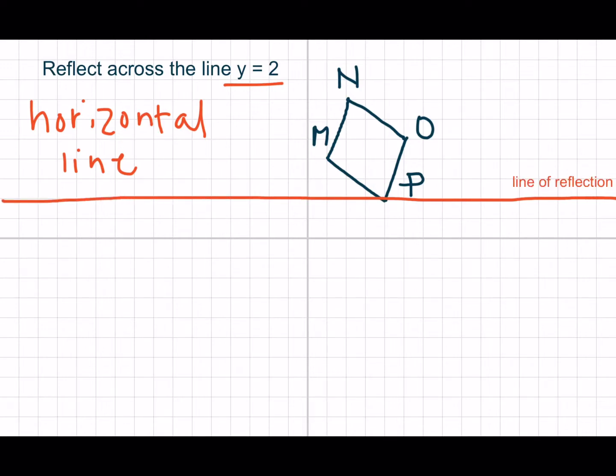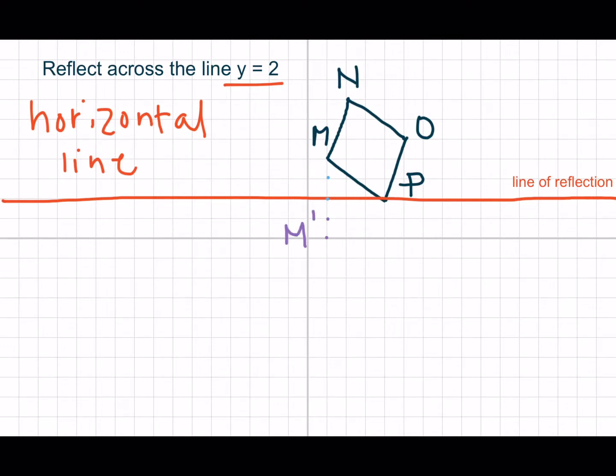Okay, same thing. Match the distances from the line of reflection. Let's start with M. M is 1, 2 units above, so therefore match it below. 1, 2 units below, and that is going to be your M prime.